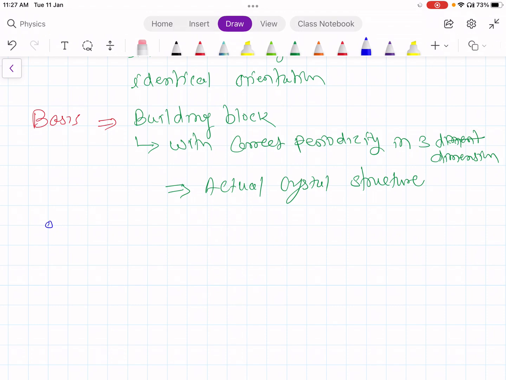First let me show the two-dimensional space lattice here. This is the space lattice. Now, as per the definition of atomic basis, every lattice point is associated with one atom or more atoms. For convenience, let me assume that every lattice point is associated with three atoms.